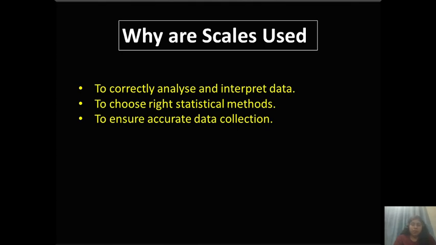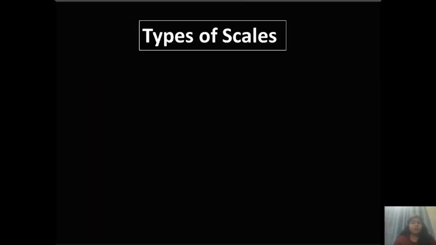Different types of data can be compared through different statistical methods. Different statistical techniques are deployed on different types of data. And third is to ensure accurate data collection. We'll learn more about these points when we see what the types of scales are.